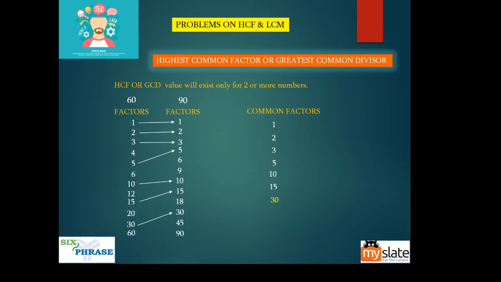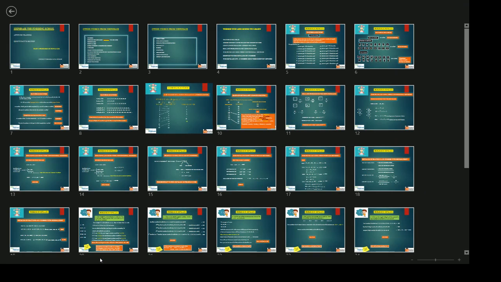So we said the largest common factor or highest common factor is 30. Similarly here, all these numbers 1, 2, 3, 5, 10, 15, 30 will divide 60 and 90 and give remainder 0. That is the point I was trying to make.